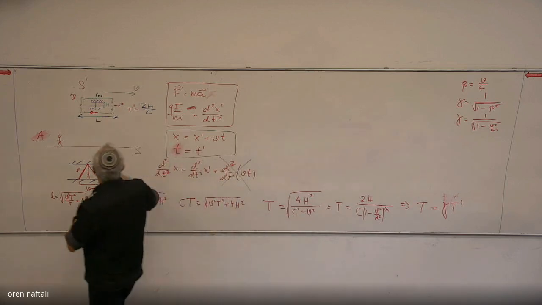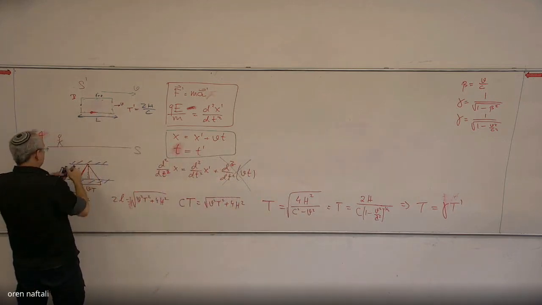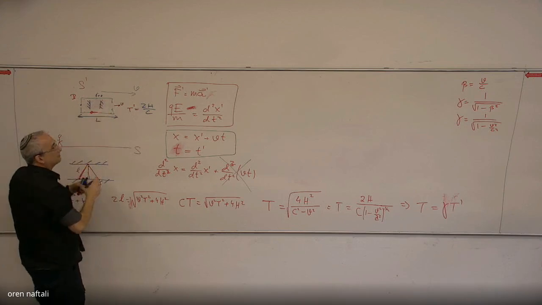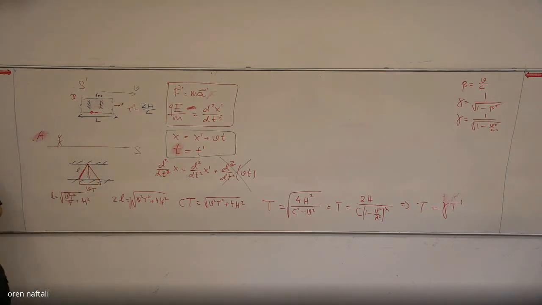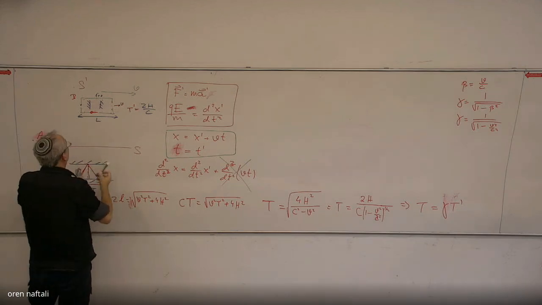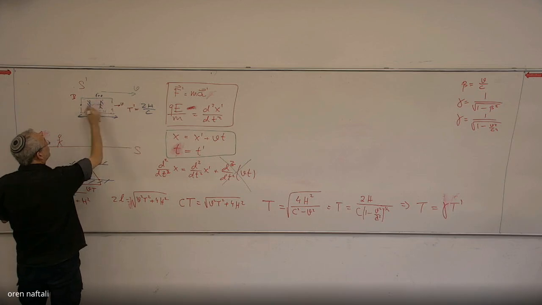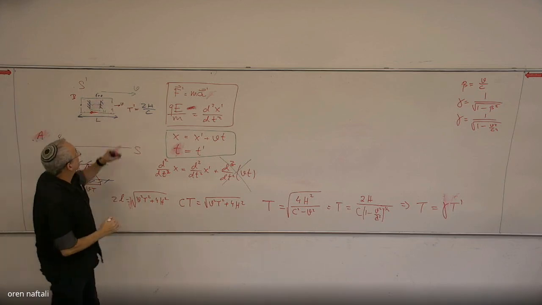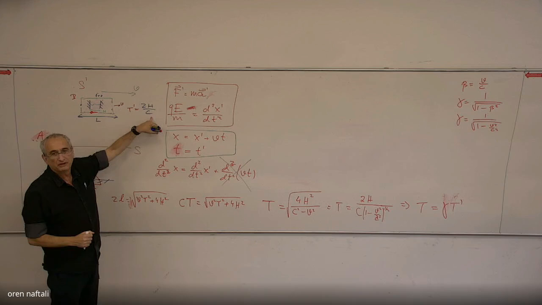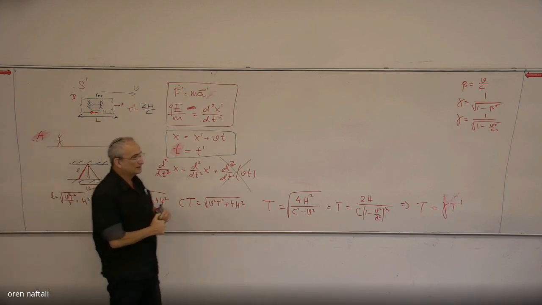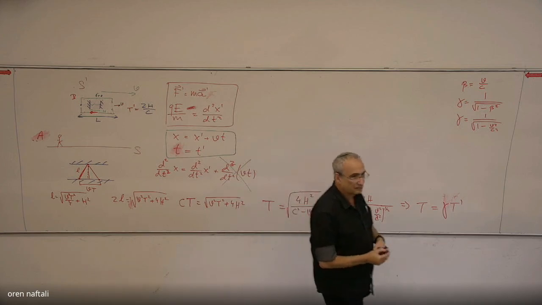Another thought experiment is the third one, almost the same as the second, but now we rotate the light clock by 90 degrees. Again, it's h here, and the light is going back and forth. And again, the time in the prime frame will be exactly this time unit, because who cares? The clock is standing still in the moving frame.